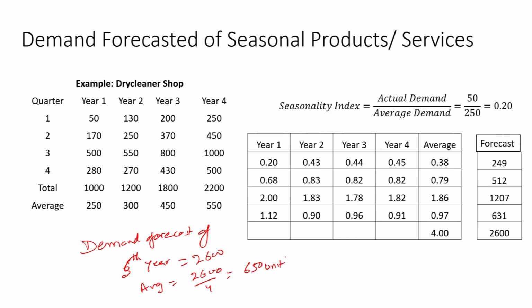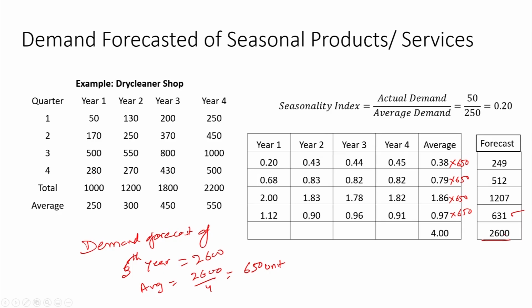So, whatever average I get, I will multiply these numbers with 650. 650 into 0.38 is 249, 650 into 0.79 is 512, 650 into 1.86 is 1207, 650 into 0.97 is 631. And the total is 2600.